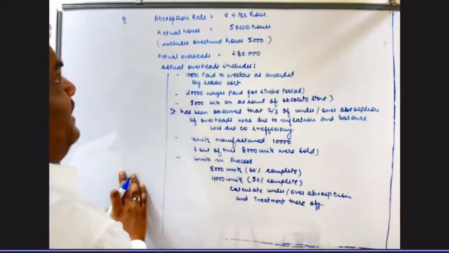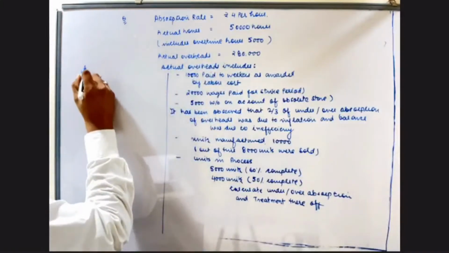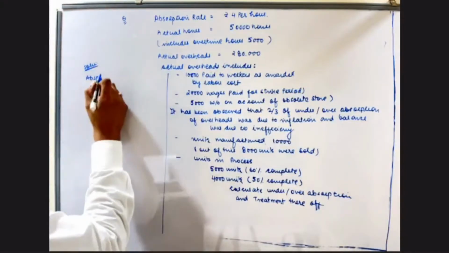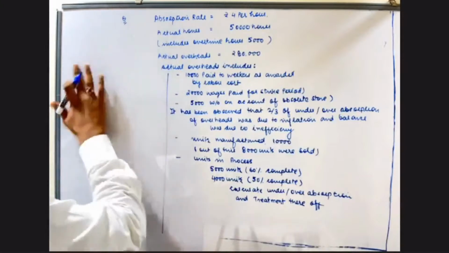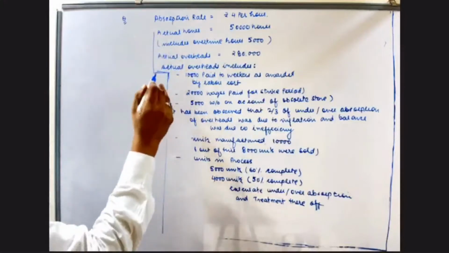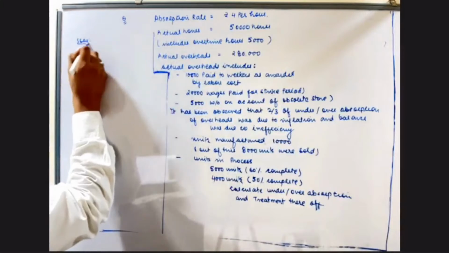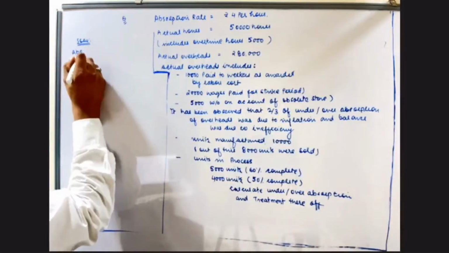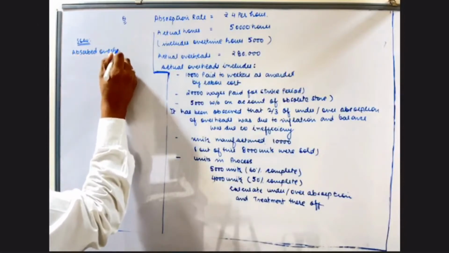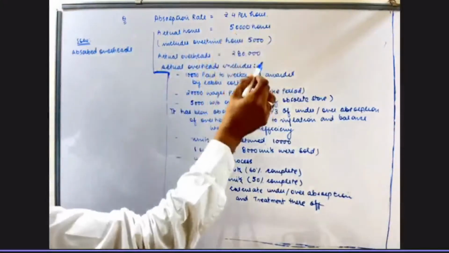So when talking about the solution, my absorbed overheads will be 50,000 into 4.